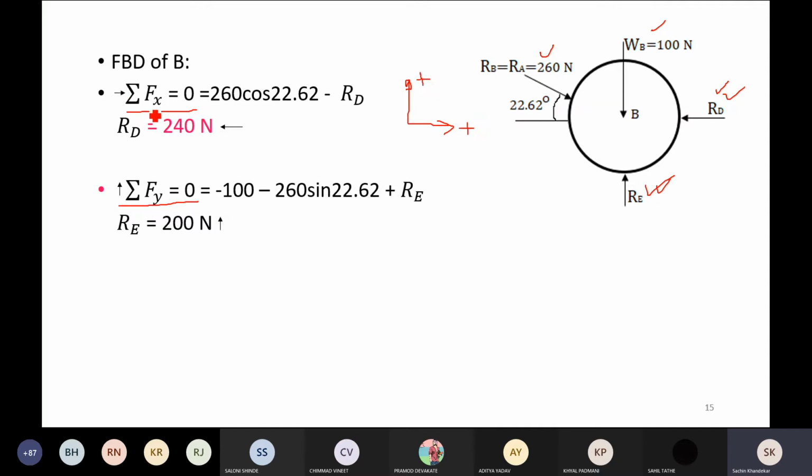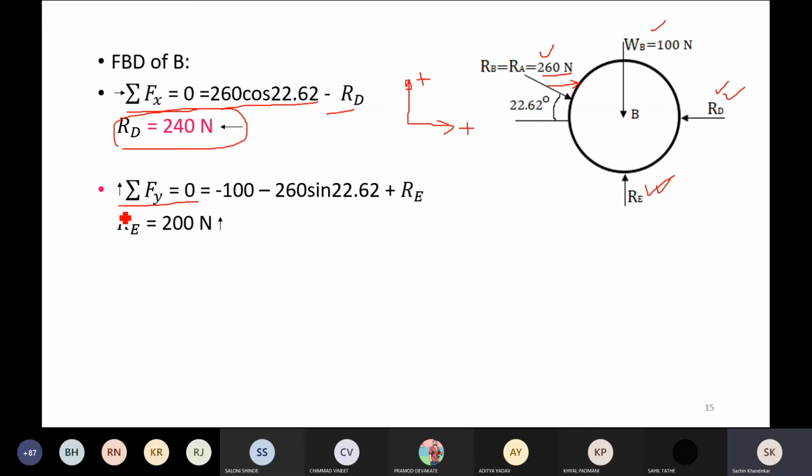Applying summation Fx equal to 0, there will be the x component of this 260 Newton force with a plus sign, as it is rightward: 260 into cos 22.62. Then RD is in the negative x direction, so minus RD, and we got RD as 240 Newton in the leftward direction.